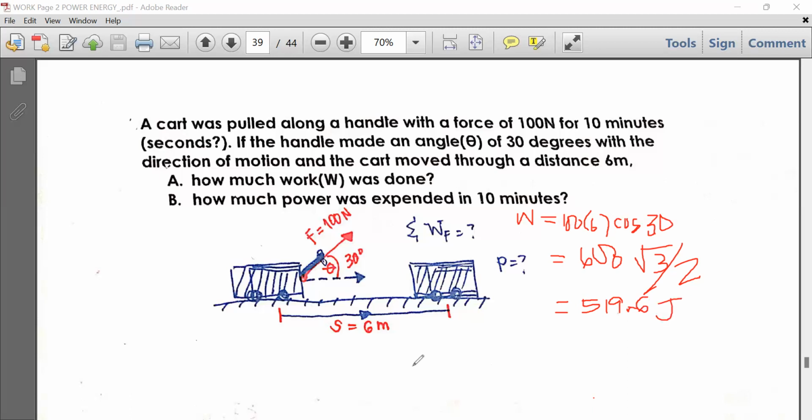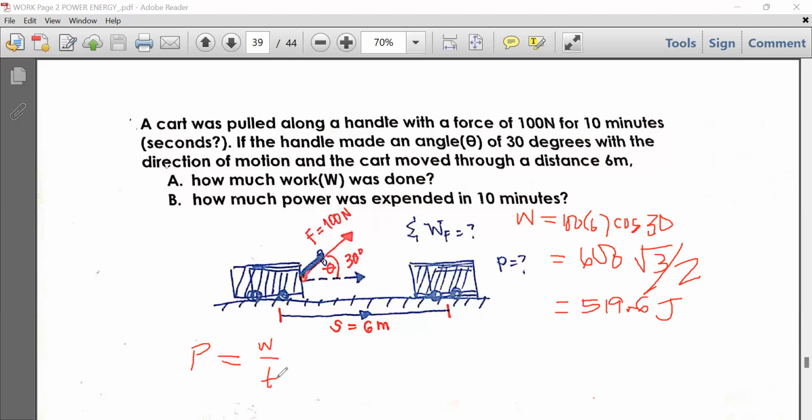Okay. Now how about the power being expended in 10 minutes? Remember that power is work over time.